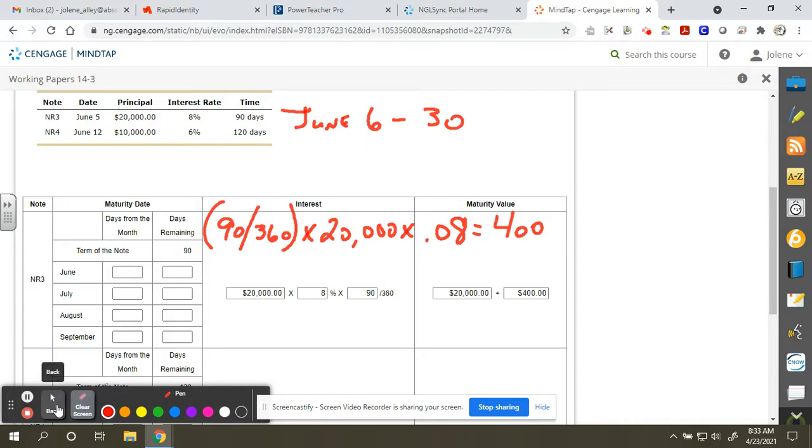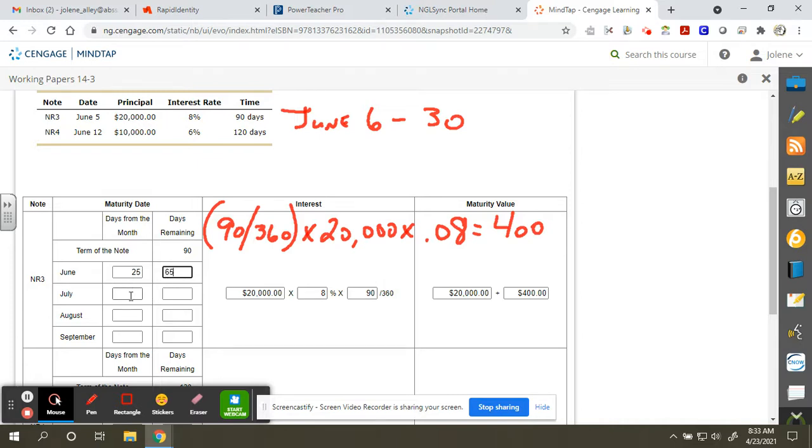All right. So I have 25 days. Now notice right here it tells us 90 days. So if June takes up 25 of those, then I'm going to subtract 25 from the 90. So 90 minus 25 gives me 65 days.